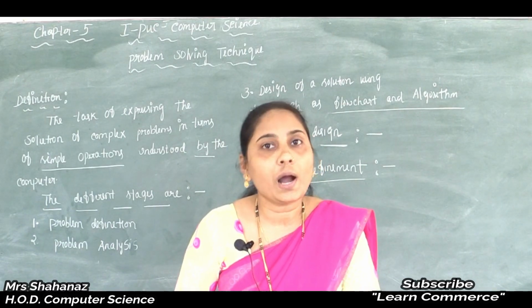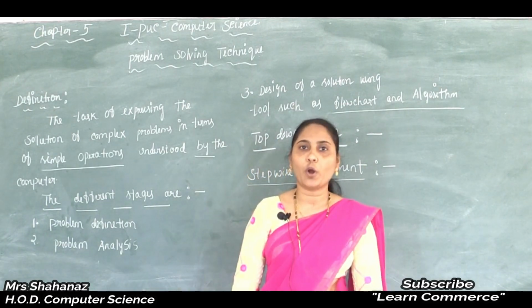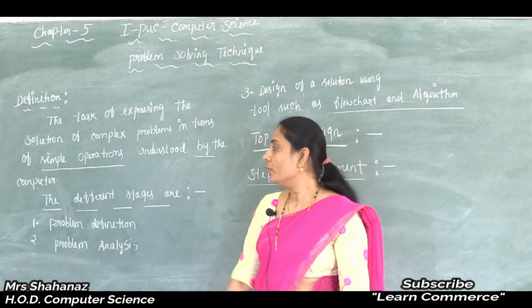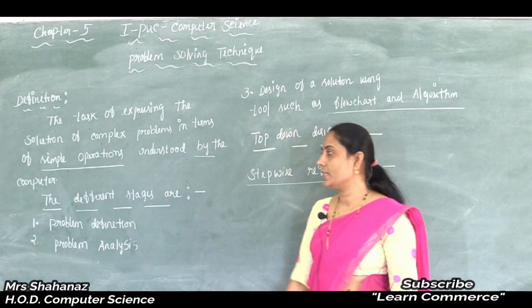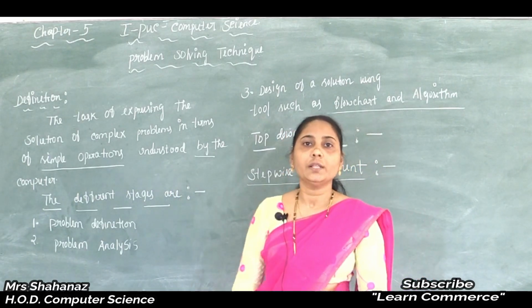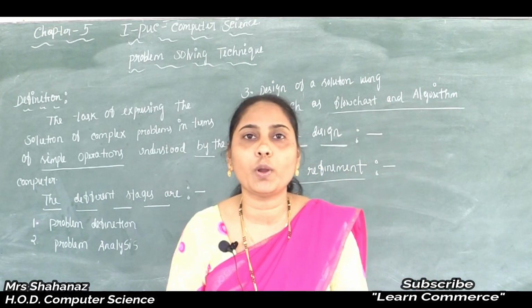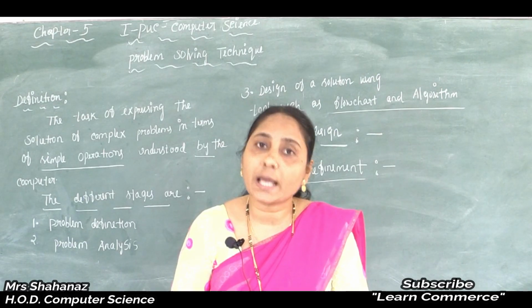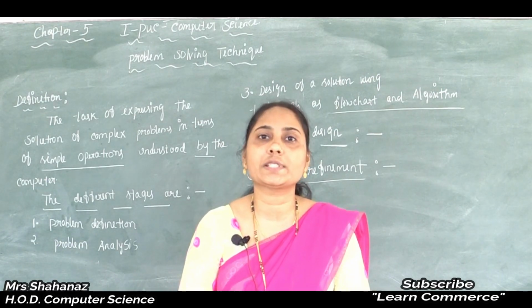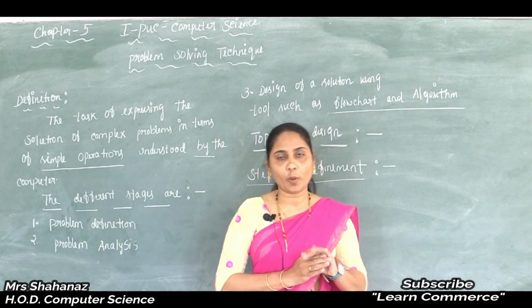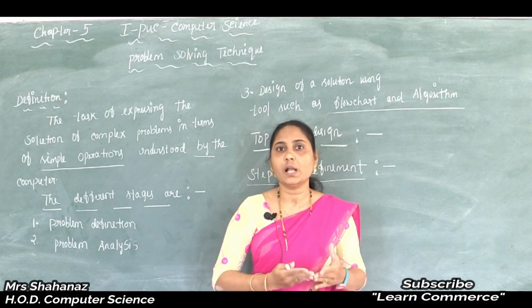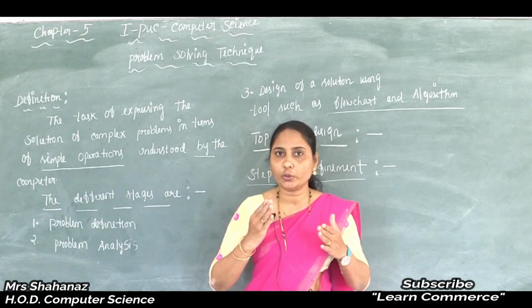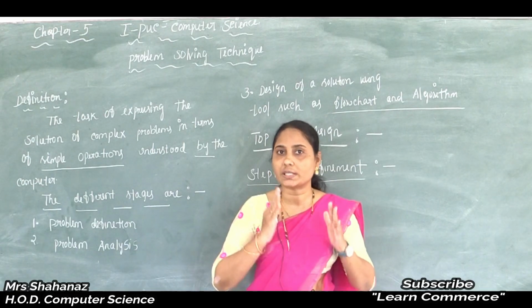Okay. Now after the definition of the problem solving, we are going for our next concept, that is the different stages of the problem solving technique. There are totally 7 stages. In our problem solving technique, while going to solve some problems, we need to follow all those stages, all those steps here.